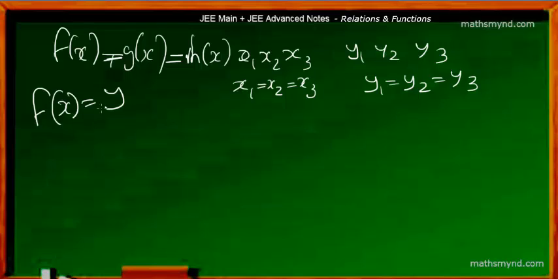That's what I mean. So f of x is equal to g of x is equal to h of x only if x1 is equal to x2 is equal to x3, and y1 is equal to y2 is equal to y3. It simply means that the example of distance and displacement can be used here.